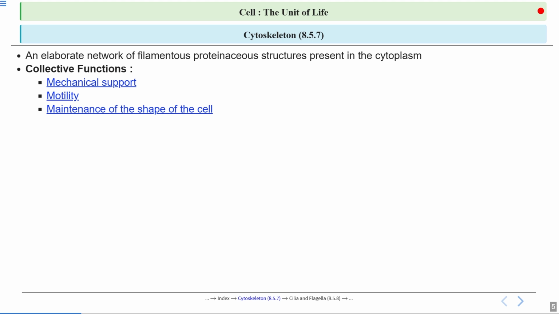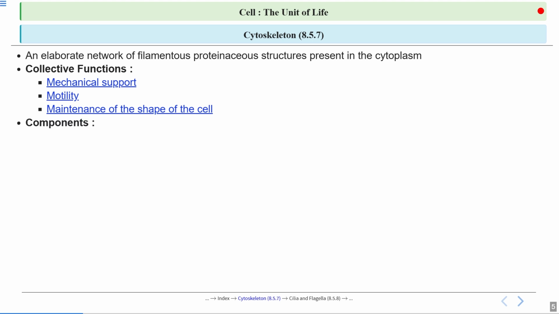If you remove the cytoskeleton from the cytoplasm, then what will happen? If somehow you can remove cytoskeleton from the cell, then the shape of the cell will change. It will affect the shape of the cell.